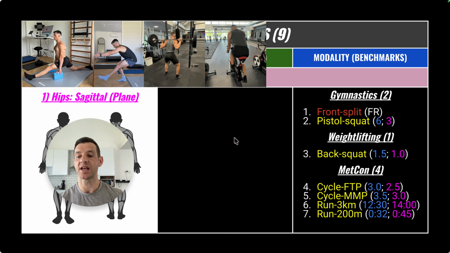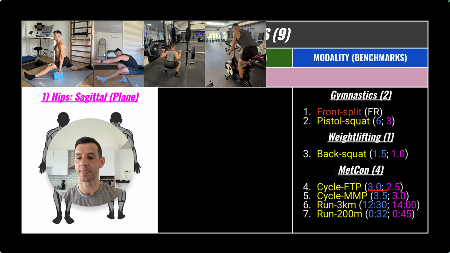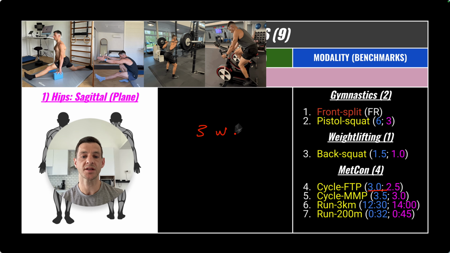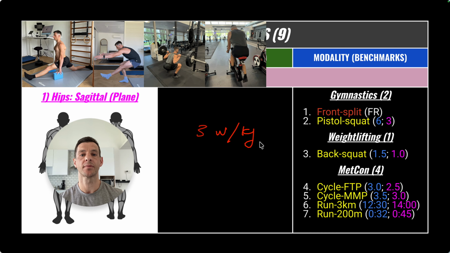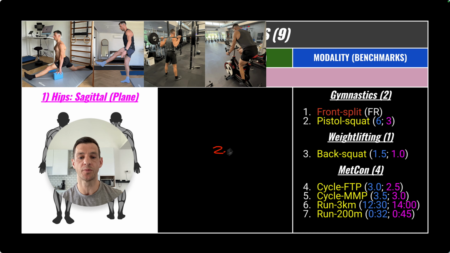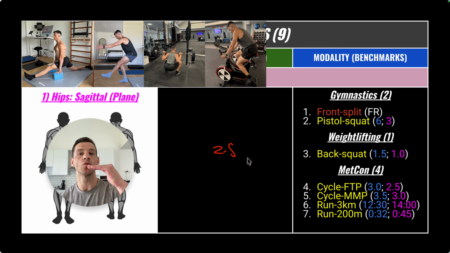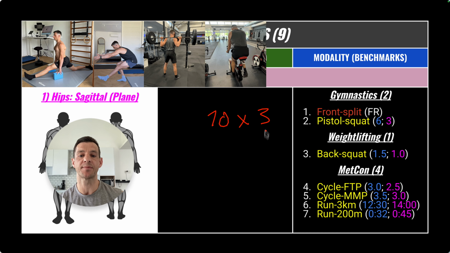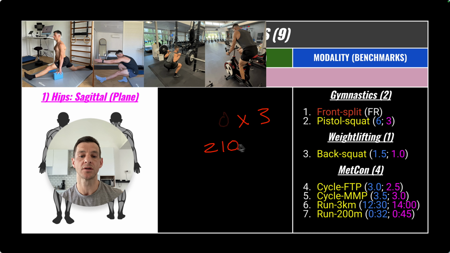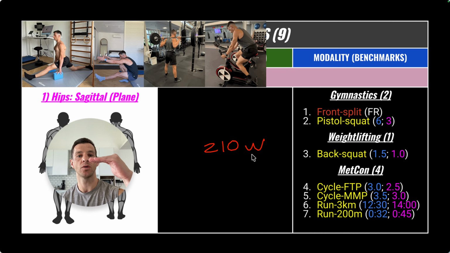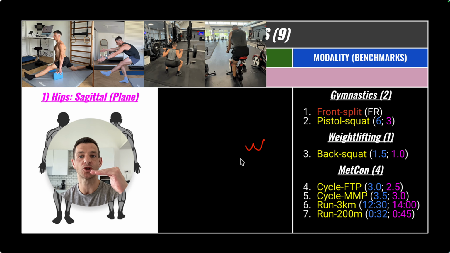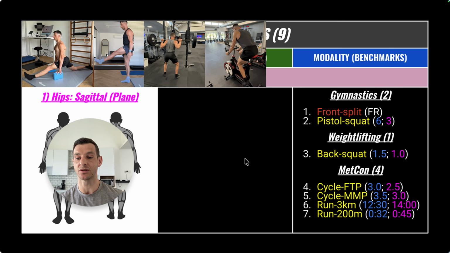This means that you are aiming for, as a male, 3 watts per kilogram, or as a female, 2.5, which means that if you weigh 70 kilograms, you times that by 3, you're trying to sustain 210 watts for the entire 20 minutes. Not an easy thing to do.